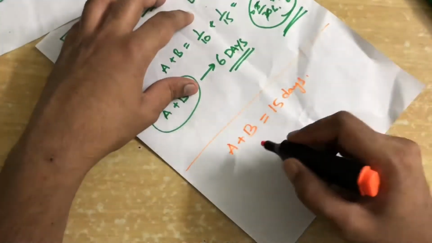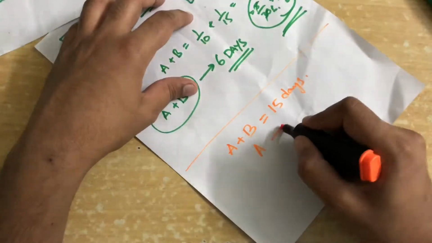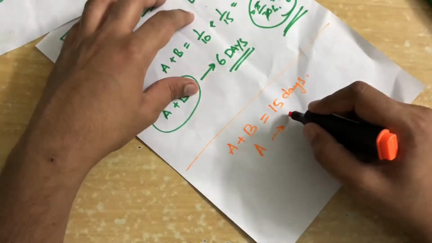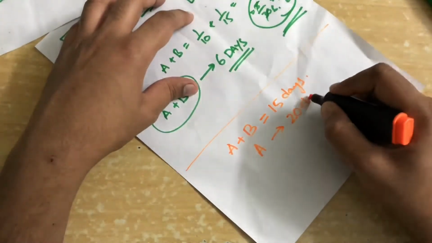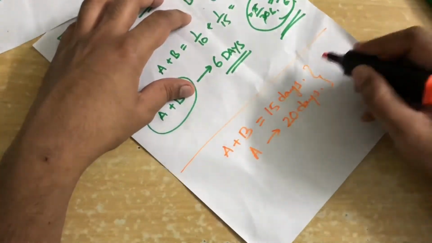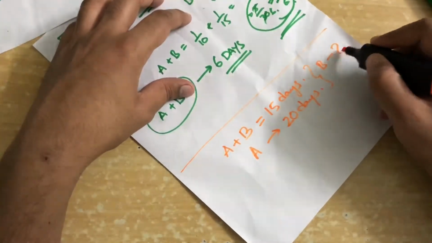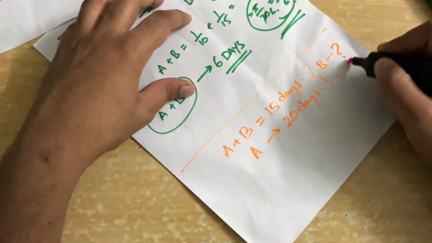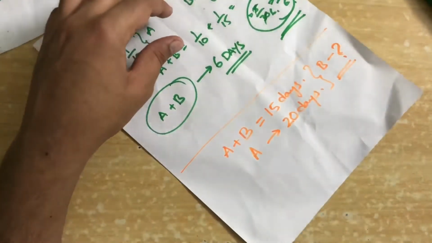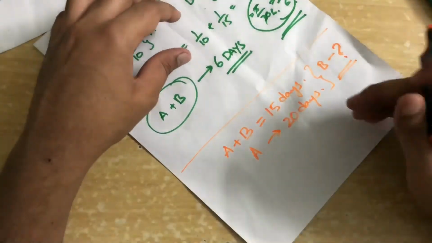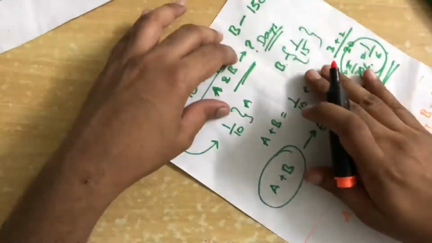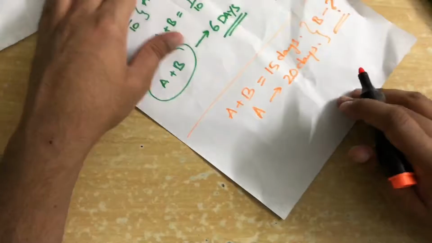And the question says A alone can complete the work in 20 days. Now the question is going to be how many days would B alone take to complete the same piece of work? So this is basically the exact same thing that we have done here, except in a different way.